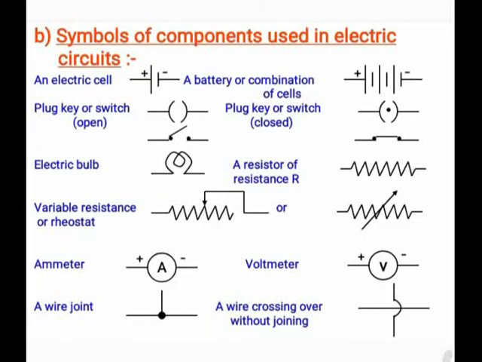We know that an electric circuit comprises a cell or battery, a plug key, electrical components and connecting wires. It is often conventional to draw a schematic diagram in which different components of the circuit are represented by symbols. Conventional symbols used to represent some of the most commonly used electrical components are given in the following figure.